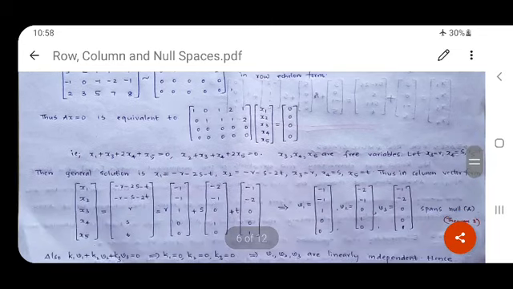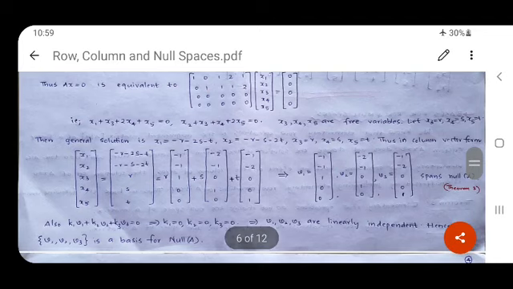Solving this, you get x1 equal to minus r minus 2s minus t, x2 equal to minus r minus s minus 2t, x3 equal to r, x4 equal to s, x5 equal to t. There are 5 unknowns, and the third and fourth rows are zeros, so you can choose x3, x4 and x5 as free variables.